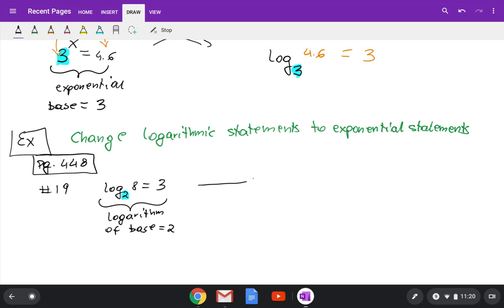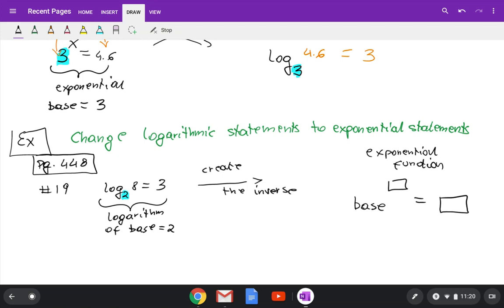So now you need to create the inverse, technically, which is the exponential function. So don't forget, with inverse, x and y switch. So now we need an exponential function. So we need a base, and you need an exponent equal to something. So that's what we're going to create.